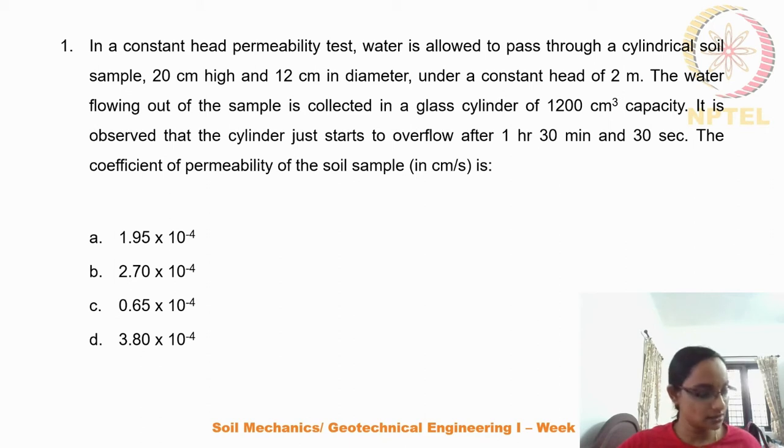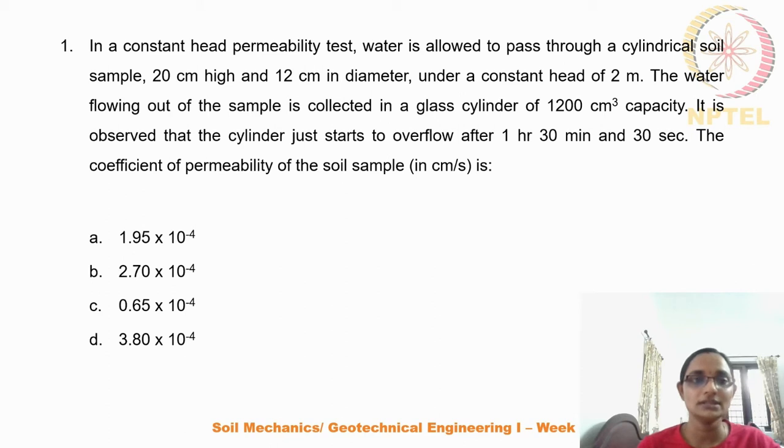So, can anyone please answer? I can see the in-call messages. Can anyone please solve it and put it in the chat box? It's just substitution in a simple equation of the constant head permeability test. There's a direct equation for determining the coefficient of permeability using the constant head permeability test. We have two types of laboratory permeability test: one is the constant head permeability test, and the second is the falling head permeability test.